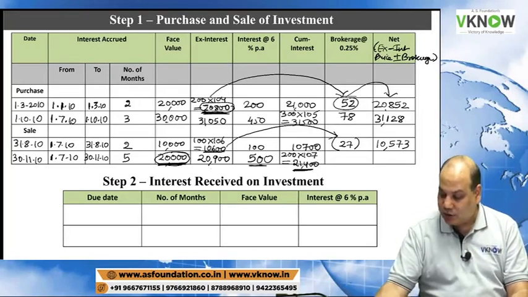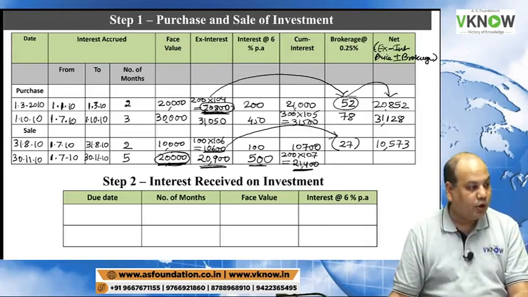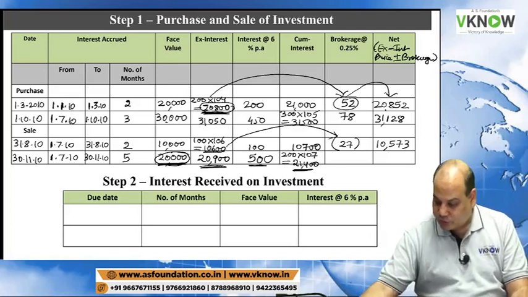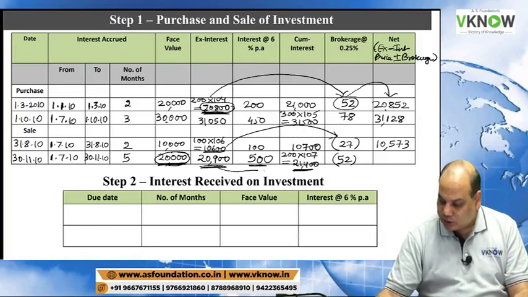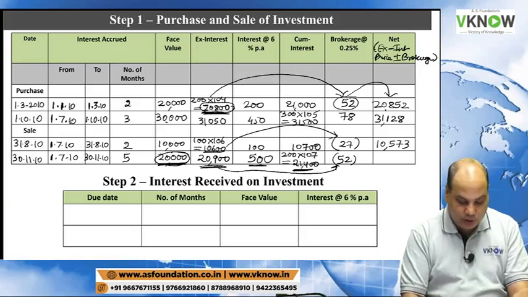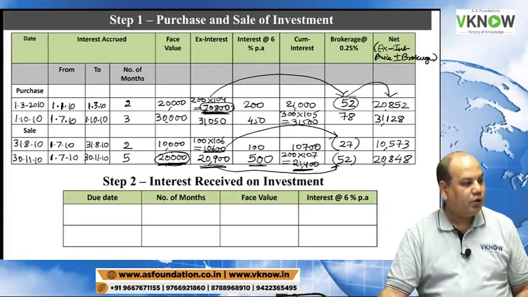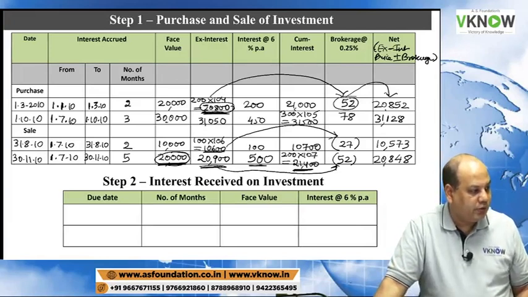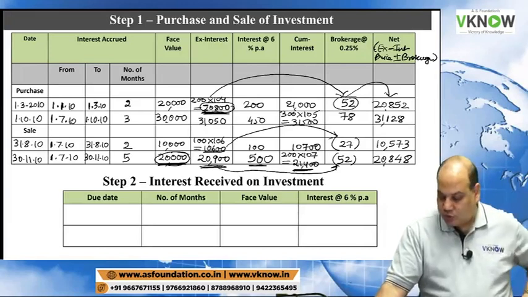And on the ex interest amount, you will take 0.25%, which is rounded off to 52. Ex interest price 20,900 minus 52 is going to give you the net amount realized, 20,848.